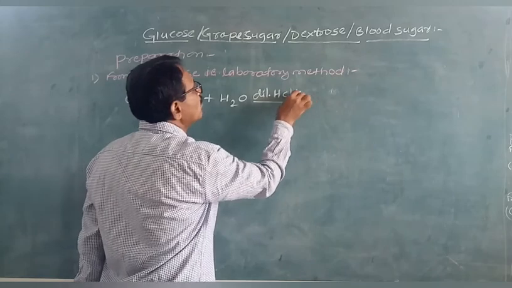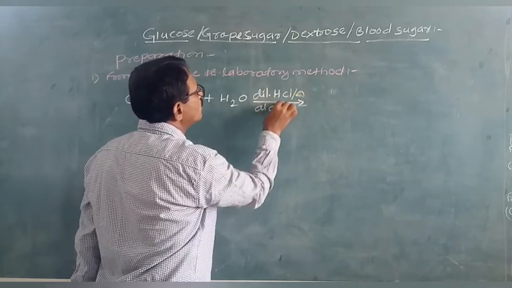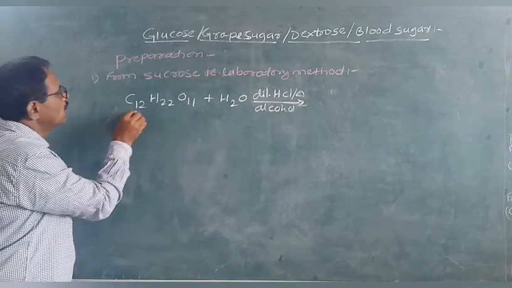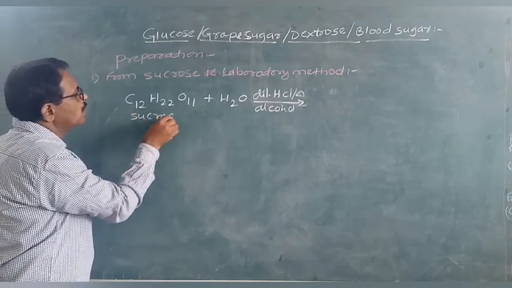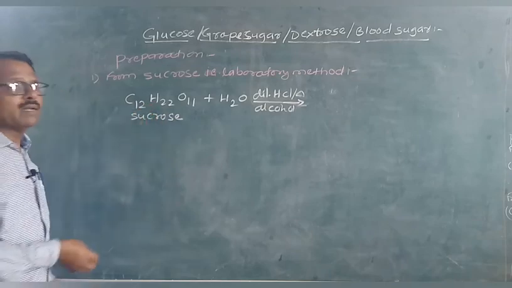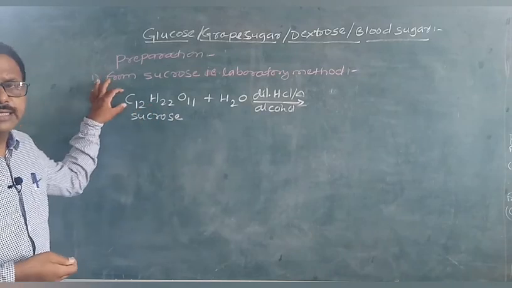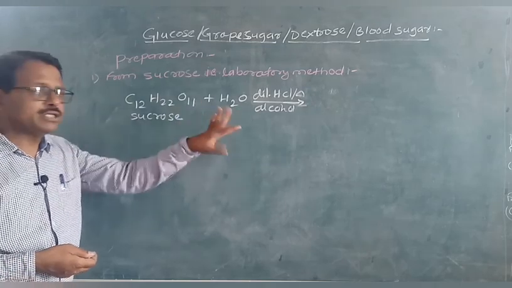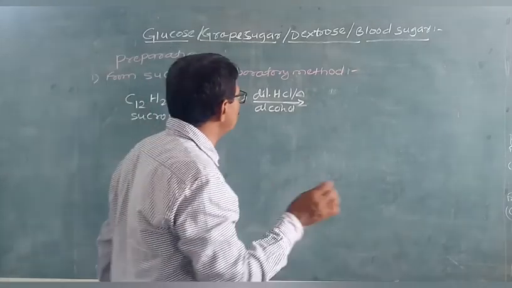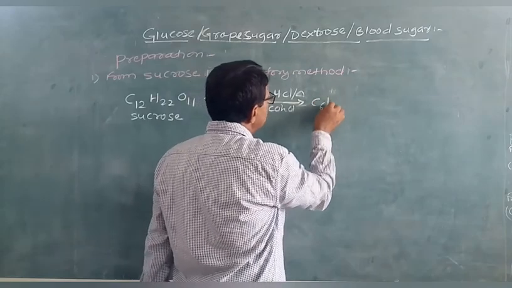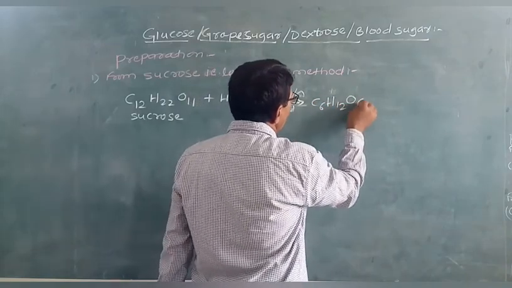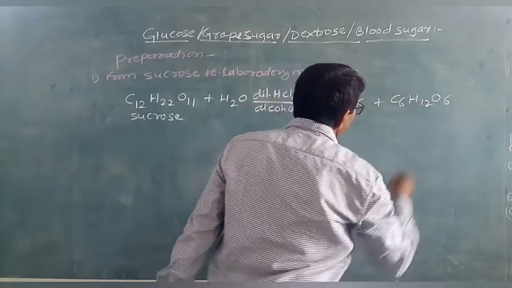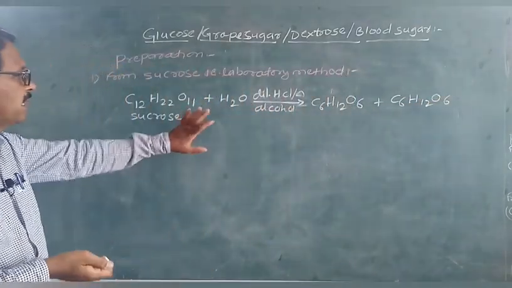When it is heated in the presence of dilute HCl and alcohol, it gives... Sucrose is an example of a disaccharide. On hydrolysis, it dissociates into, or gives, two molecules of C6H12O6 plus C6H12O6.